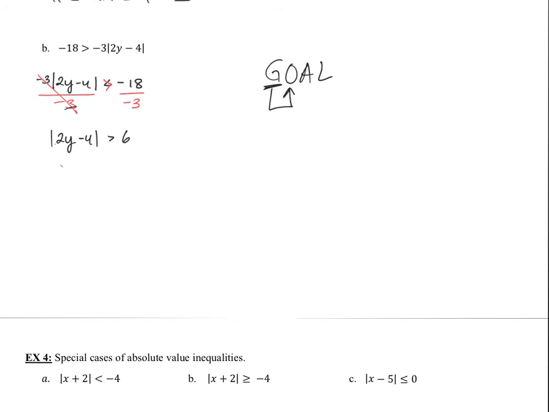So translating, this is the translation step. Remember, it's an important step. The or statement. I just copy paste first, so 2y minus 4 is greater than 6. Or, you have to write that or, 2y minus 4 is less than the negative 6. Okay, let's take a look.